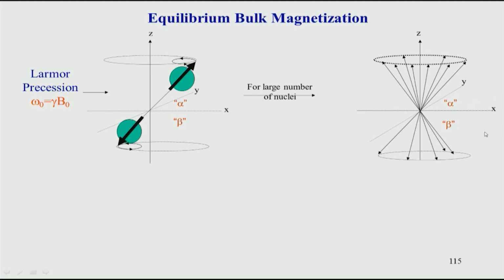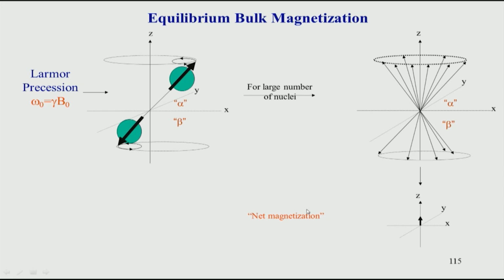If you look in the xy direction, the spins all cancel each other, but you have a net vector addition in the z axis, positive and negative z axis. Because there are more spins on this side compared to this side, the vector addition on this side will be stronger, and therefore you will get a positive z value after subtracting the minus z part from the z part.